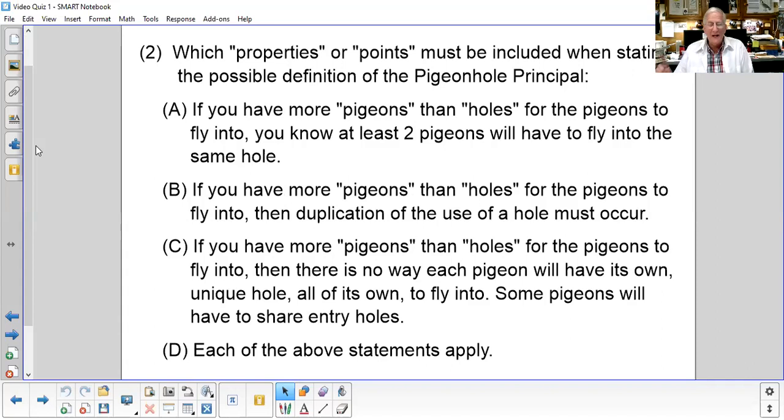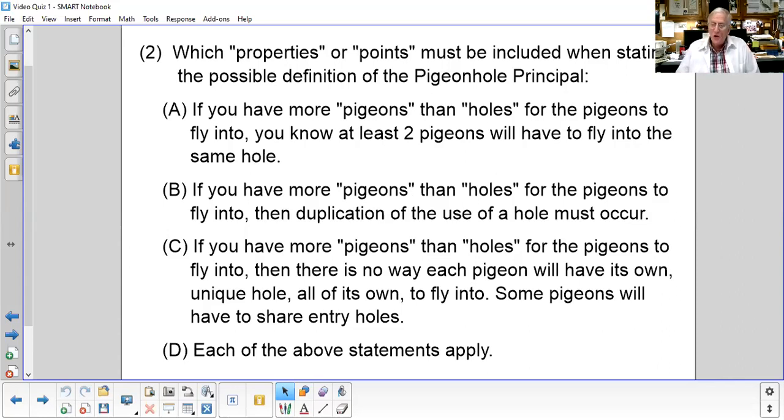Now, if you feel that's correct, hang on, let's look at the other answers. B, if you have more pigeons than holes for the pigeons to fly into, then duplication of the use of a hole, pigeonhole, must occur. Look at C. If you have more pigeons than holes for the pigeons to fly into, then there is no way each pigeon will have its own unique hole, all of its own, to fly into.